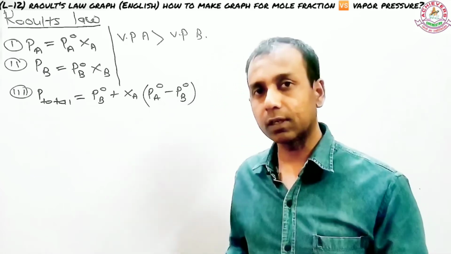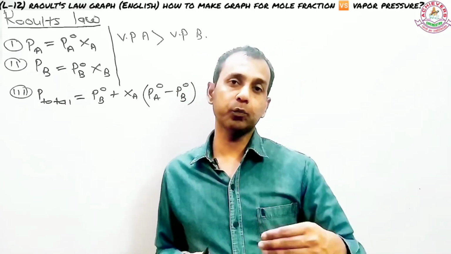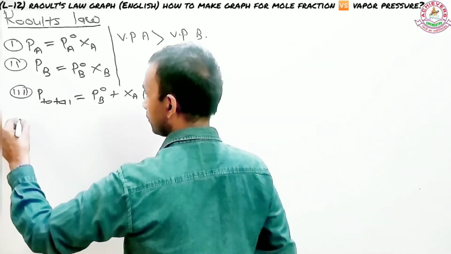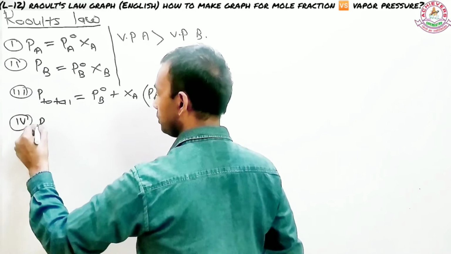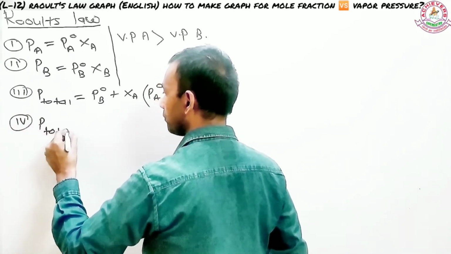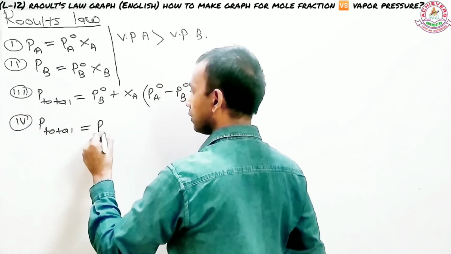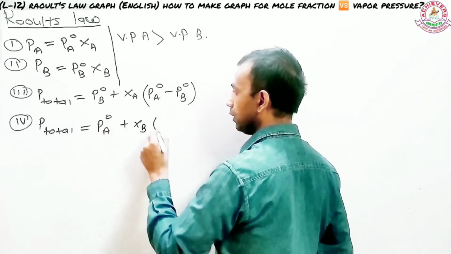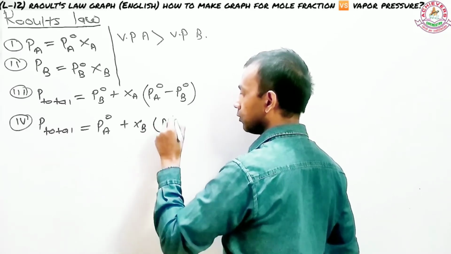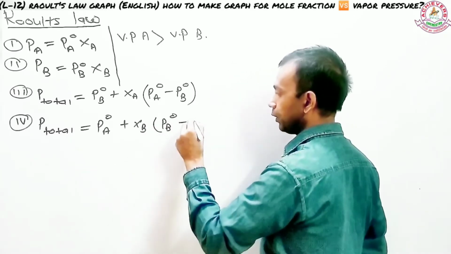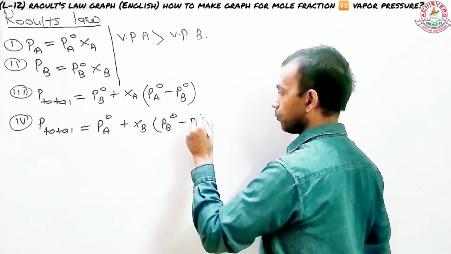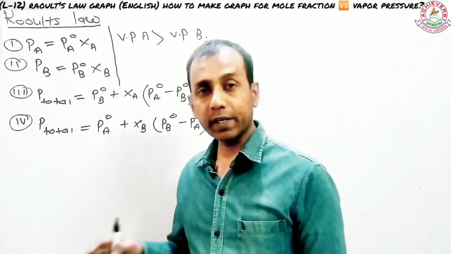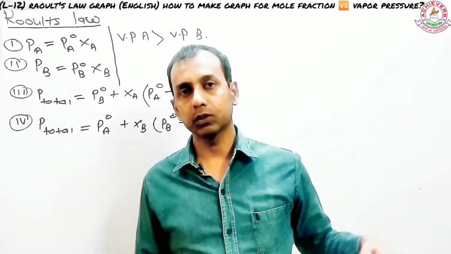But in case you change the condition here and you make B more volatile than A, then this equation changes and becomes this fourth one, which is P total is equal to PA naught plus XB multiplied by PB naught minus PA naught. So these are the four equations actually, and we did this in quite an easy way, but for that you have to go and check out the previous lecture.